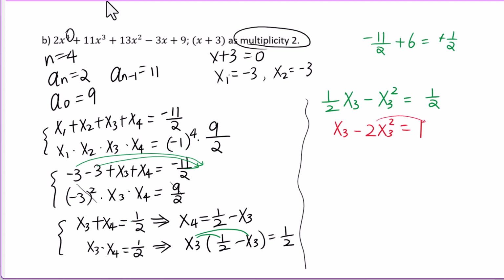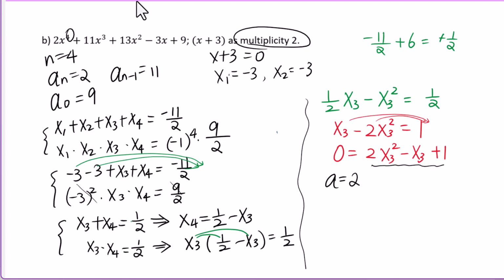Move everything to the right side so that we can get the coefficient of x squared positive. 0 = 2x3^2 - x3 + 1. We still cannot factor this quadratic function, so we have to use the quadratic formula.